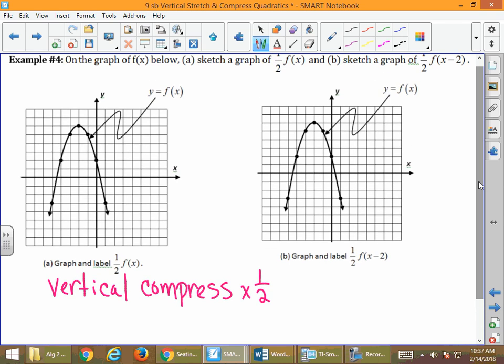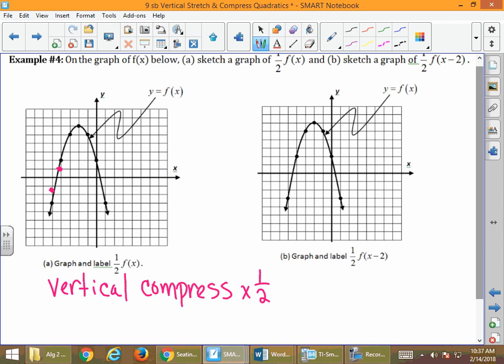So as I start to the left on our graph here, 1, 2, 3, 4, -5, -3. -3 times 1/2 is -1 and 1/2. Next point, -4, 2. 2 times 1/2 is 1.